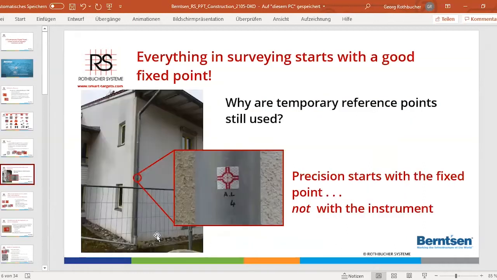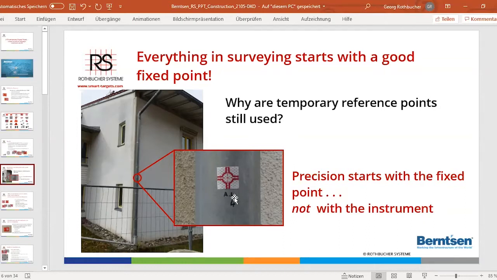Often we still see on construction sites that they just use stickers. In my opinion, for a survey of 2, 3, 4 days, it's acceptable. But usually at the start of a construction, you don't find a good surface where you can take one reference point from the beginning until the end of the construction and even later.